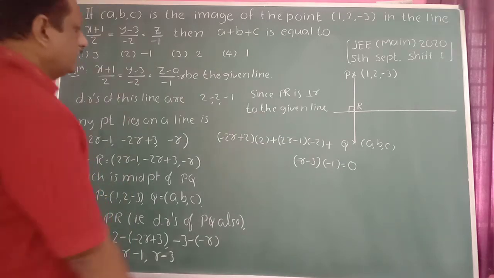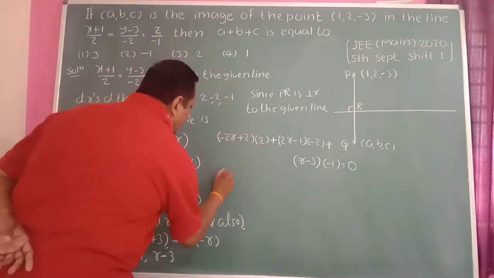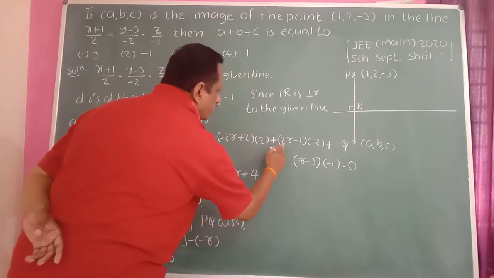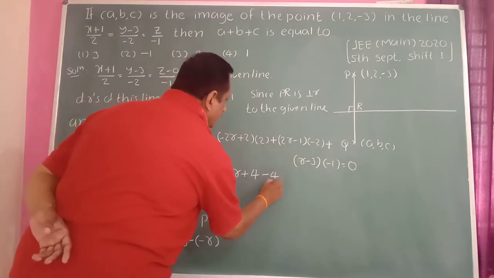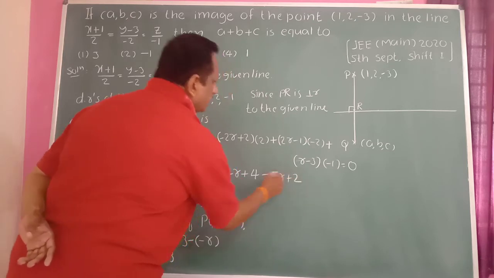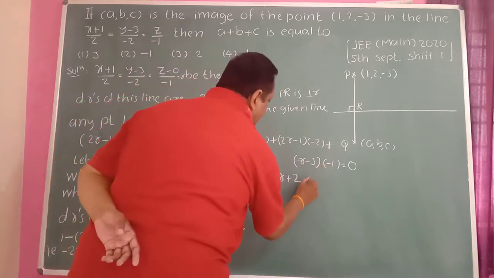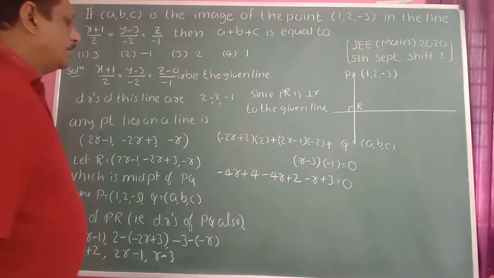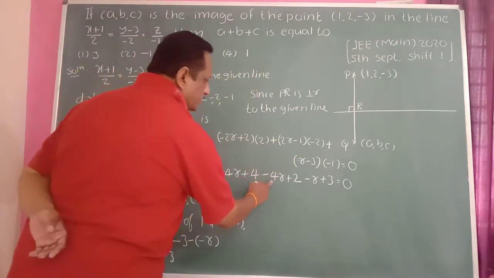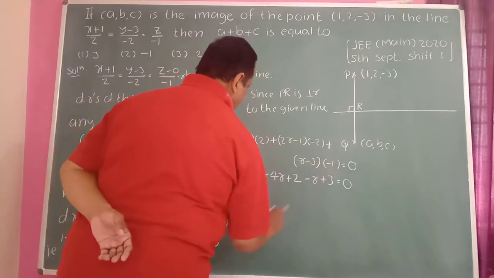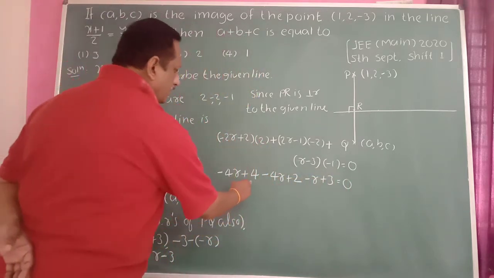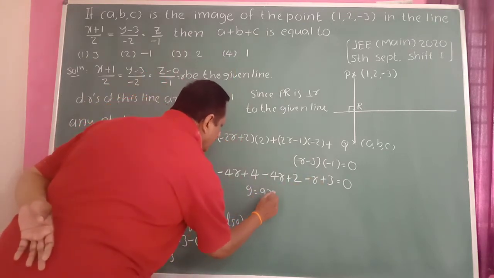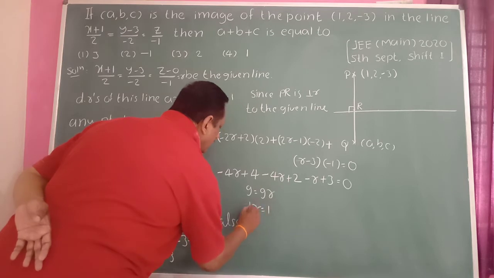Simplify: 2 twos are 4, minus 4r plus 4, then minus 4r plus 2, then minus r plus 3, equal to 0. Minus 9r plus 9 equals 0, so 9 is equal to 9r. Therefore the value of r is equal to 1.